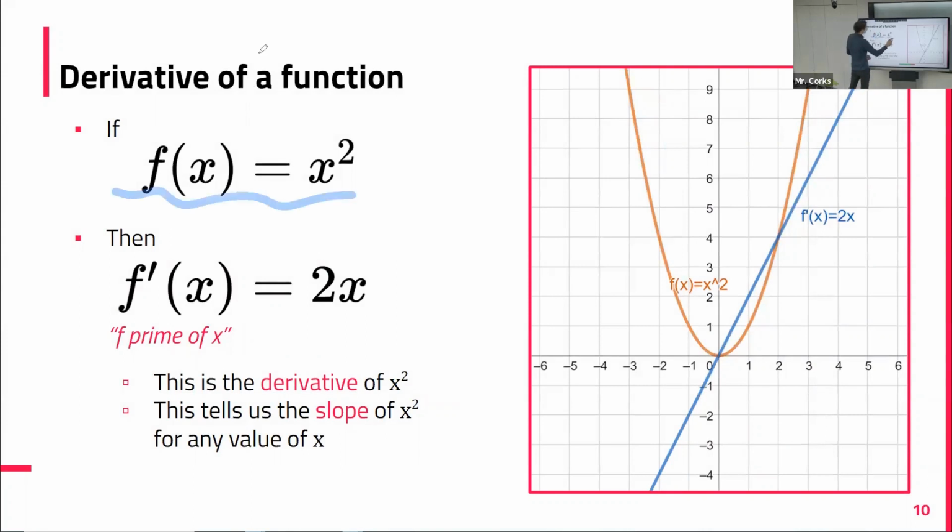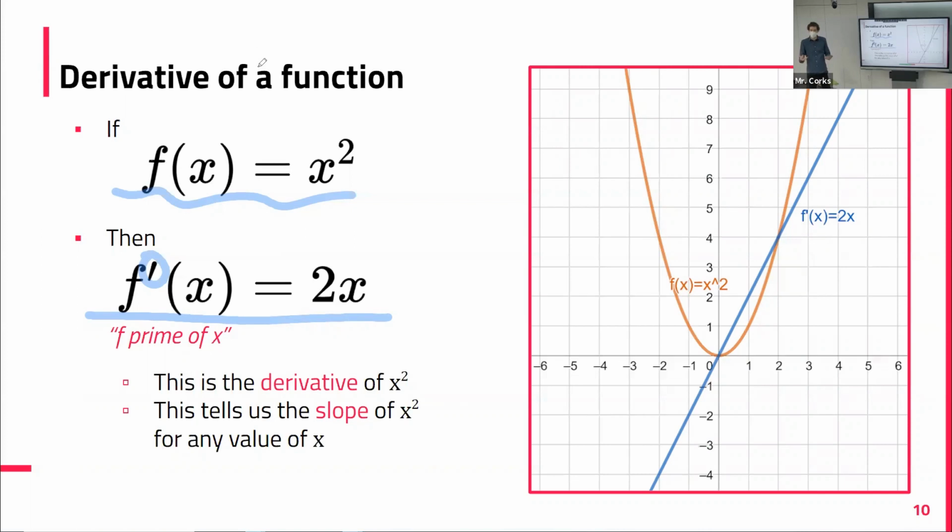We discovered that if our original function is y equals x squared, then our derivative function, which we write as f prime of x, or y prime, equals 2x in this case.